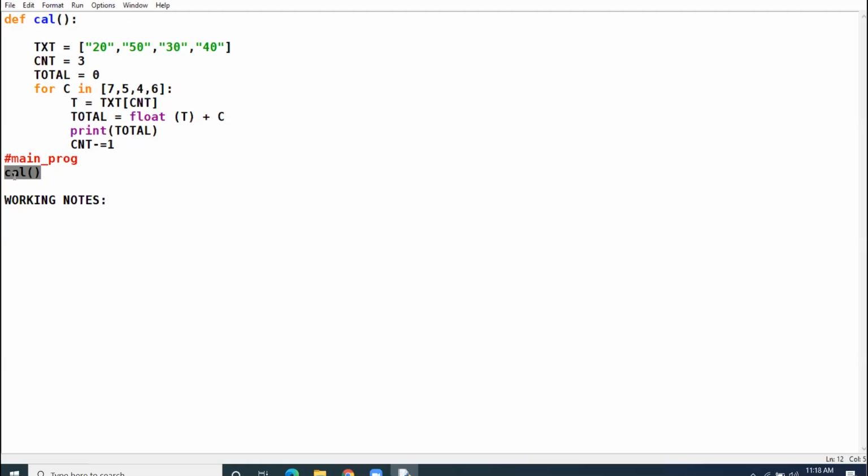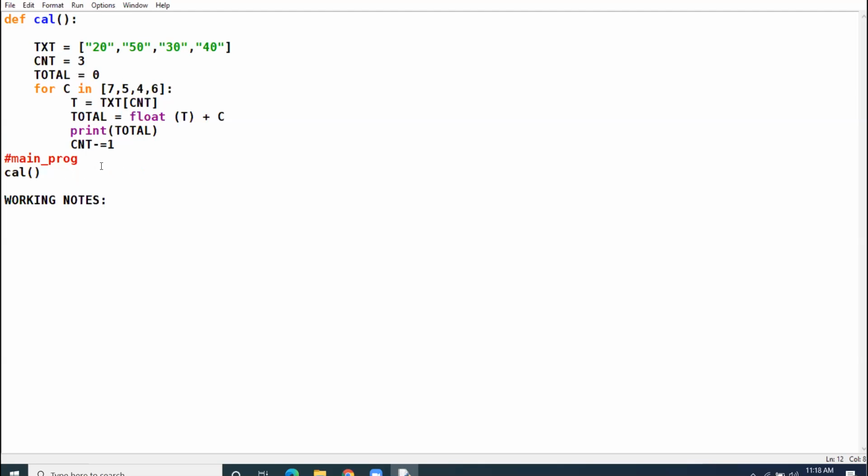Many times I use this word calling a function. Calling is also known by another name, invoke. You can say call or you can say invoke. Invoke means call only. Calling a function or invoking a function is one and the same thing. Don't get confused with these two words. They are interchangeable terms.